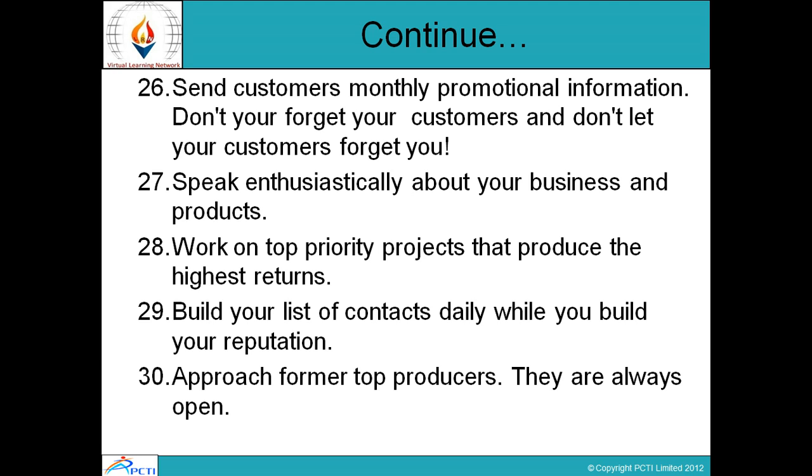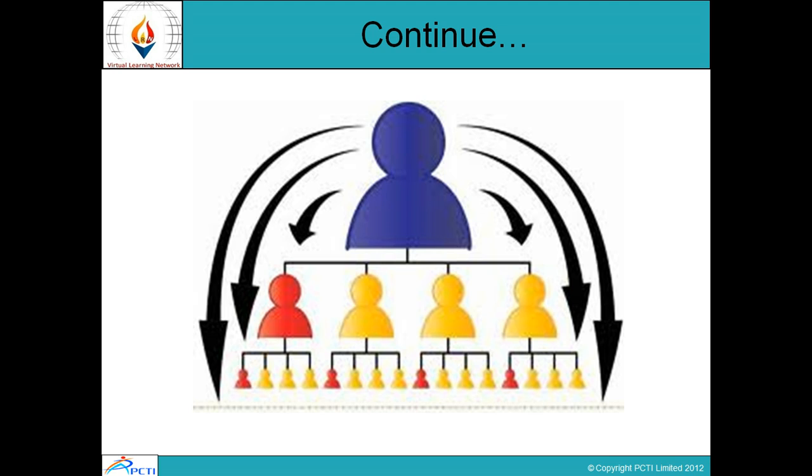Speak enthusiastically about your business and products. Work on top priority prospects that produce the highest returns. Build your list of contacts daily while you build your reputation. Approach former top producers. They are always open to you. So, by following these different approaches that we have discussed till now, you can make a big network of the people whom you can contact.